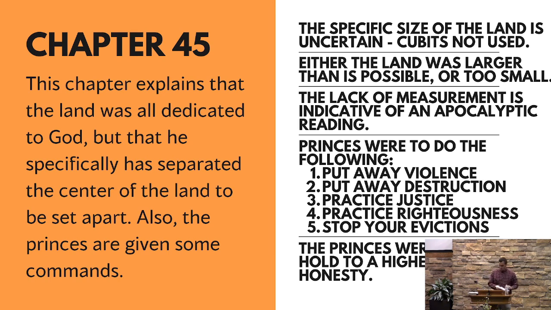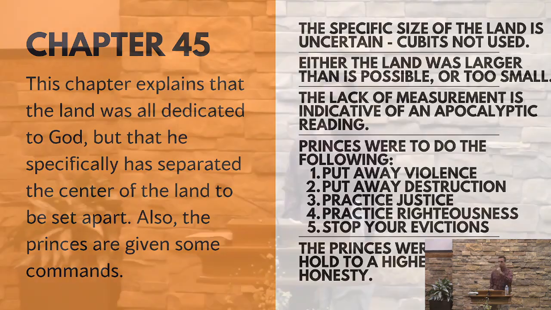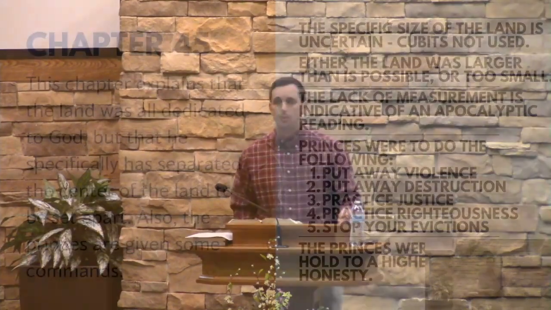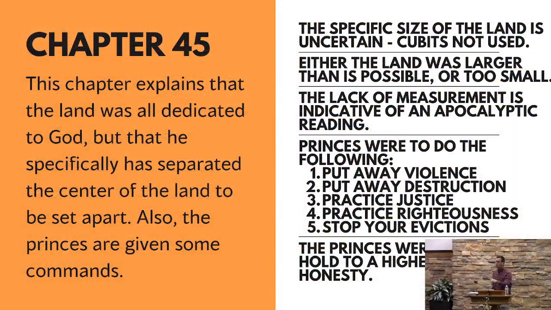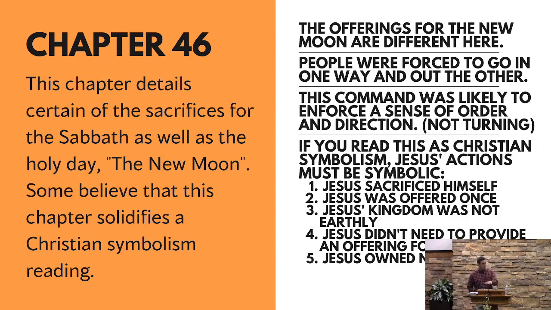All right. We are obviously out of time, and we have 3 whole chapters to get through, which is not going to happen. But let me real quick talk about 46. So Christian symbolism is often used to explain this one. There's 5 reasons it cannot be true. 1, Jesus sacrificed himself. Jesus did not sacrifice animals.